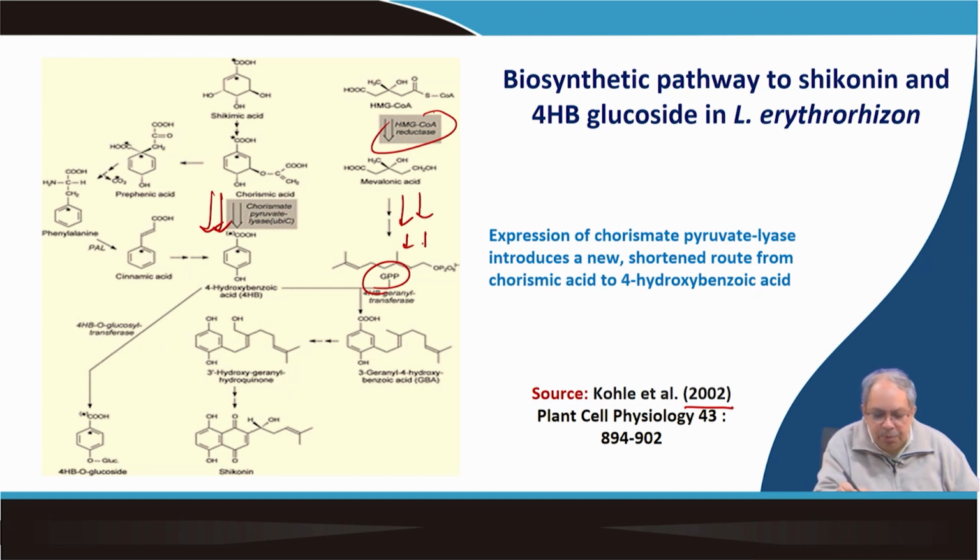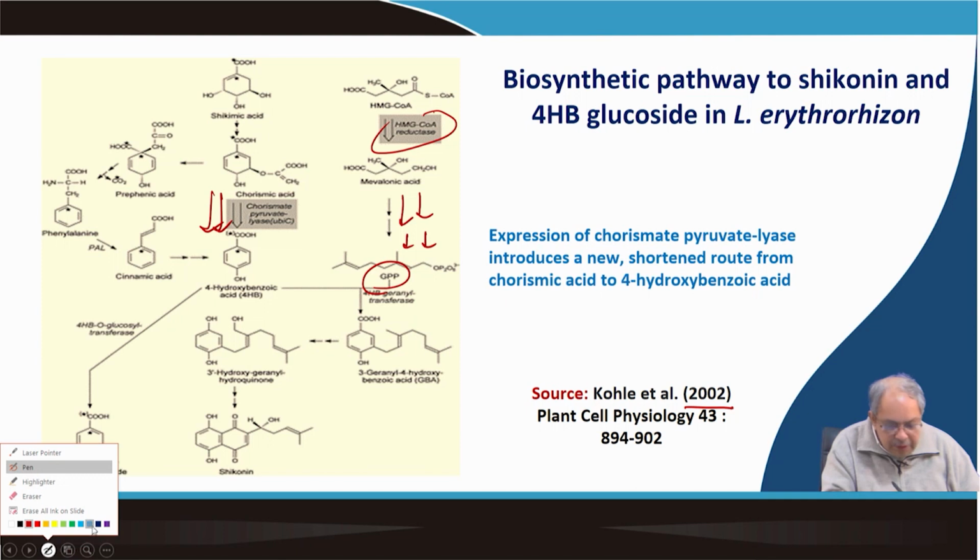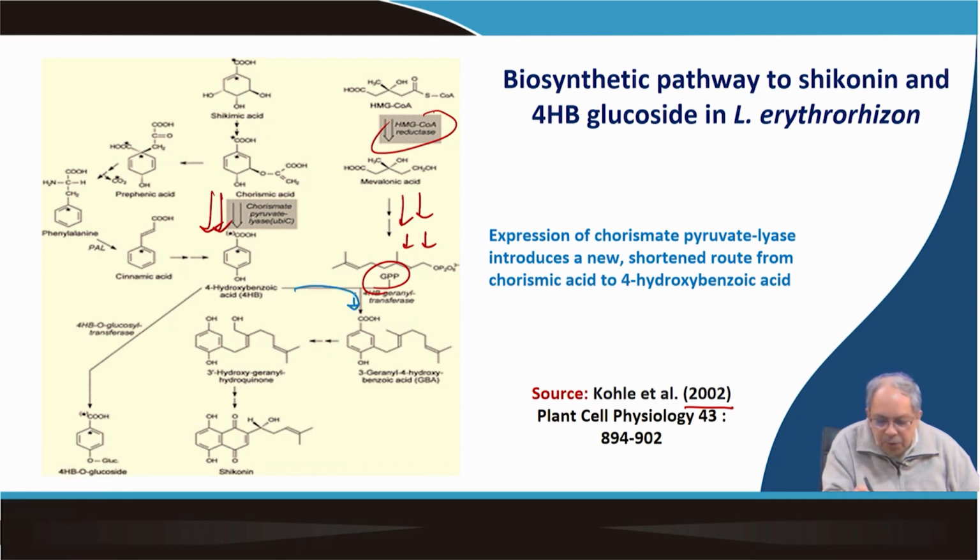So, more GPP is expected to be produced, more 4-hydroxybenzoic acid will be produced, and as a result the pathway will move in this direction, and eventually it produces more of 3-geranyl 4-hydroxybenzoic acid and eventually more of shikonin.